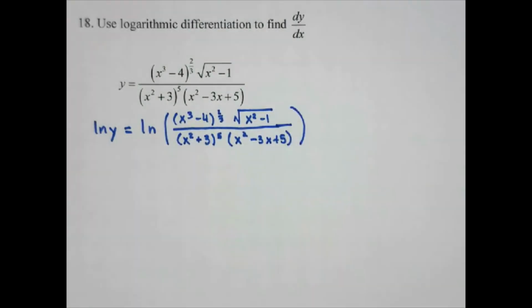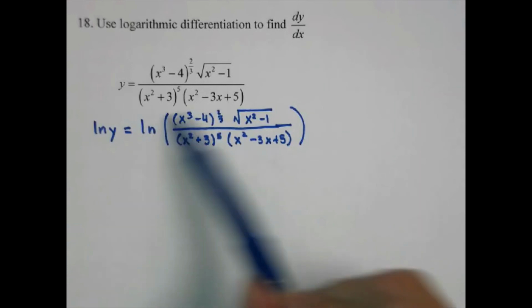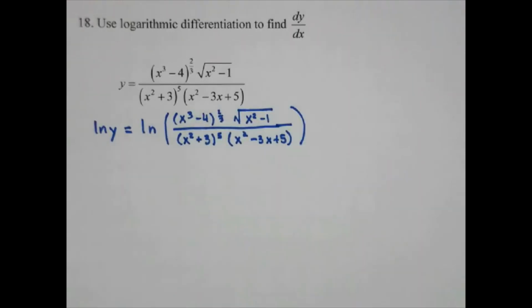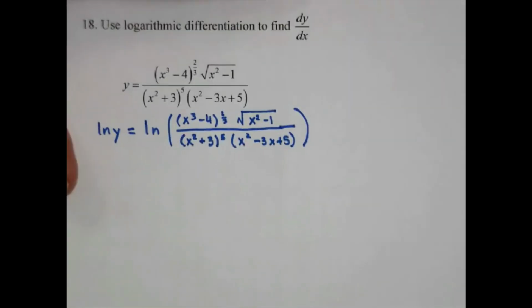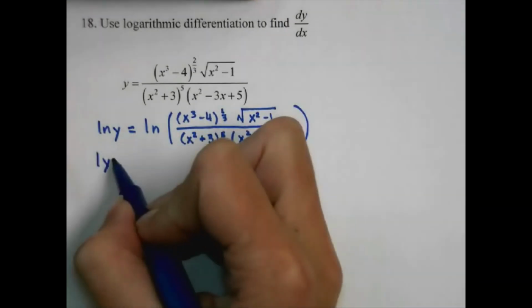Okay, so I take the natural log of both sides. Now I'm going to do the same thing that I just did. So we have a quotient here, so it's going to be the natural log of the top minus the natural log of the bottom. Then we have the product and we have the powers. So I'm going to do that all in one step. If that's too much, then do it step by step, but your result will look the same as mine.